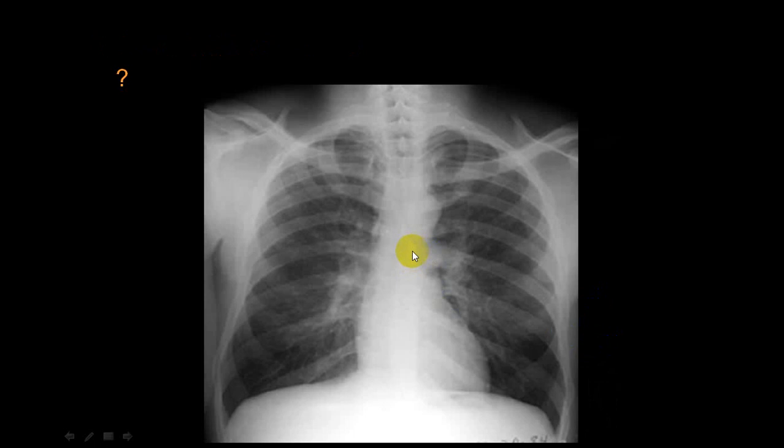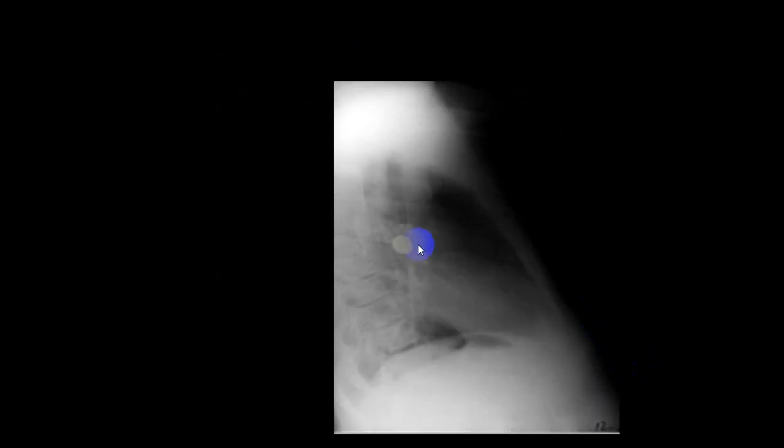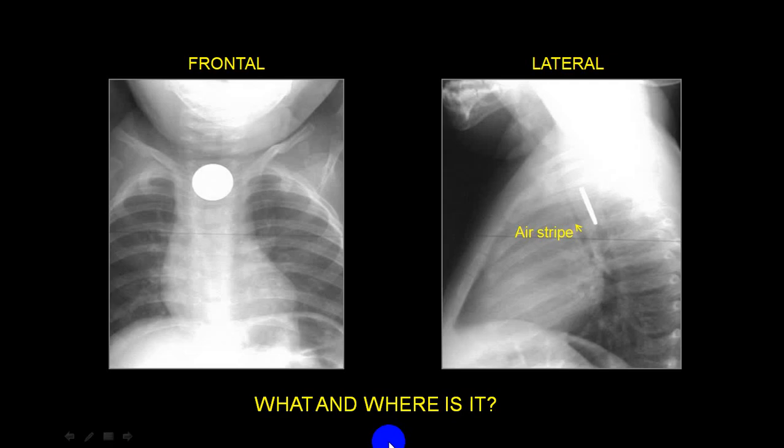The same small radio-opaque shadow. Sometimes it may be missed, but best it will be seen in this lateral. You can see a very nice shadow here. This is a coin in the left main bronchus.